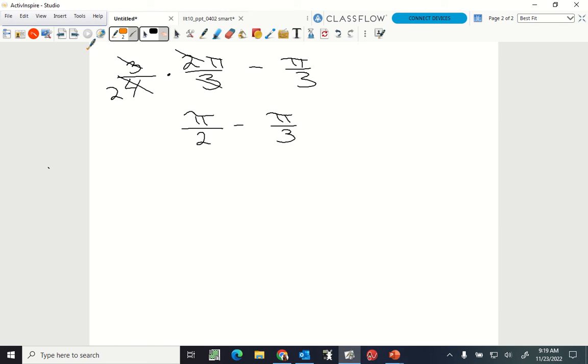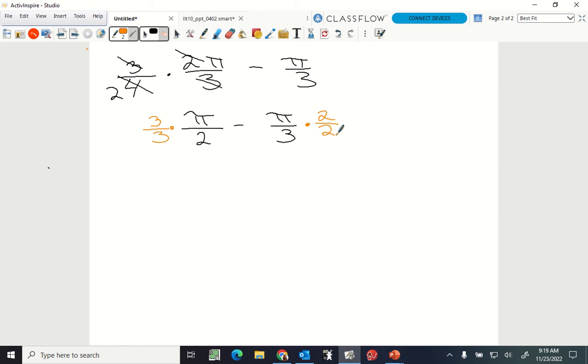Now, to be able to combine these together, I got to have a common denominator. So in between the 2 and the 3, what's the common denominator going to be? 6. So I can multiply this first one here by 3 over 3, and this one here by 2 over 2. Remember, I'm multiplying by the value of 1.